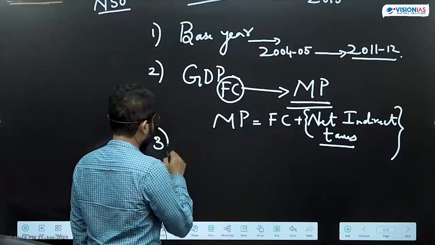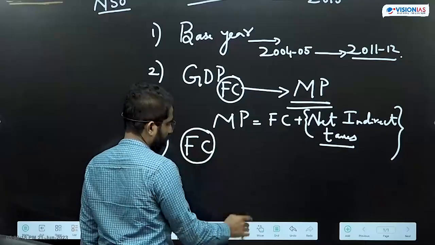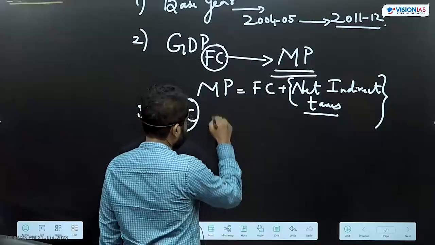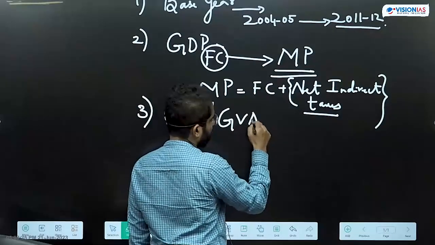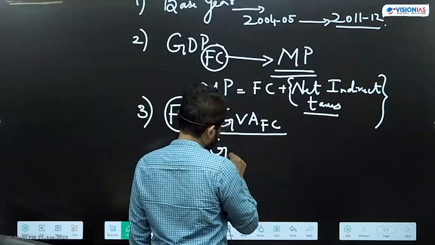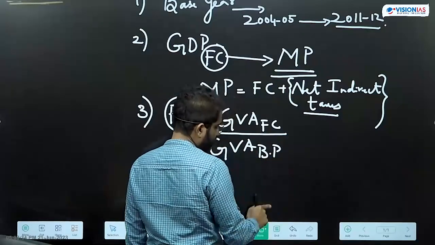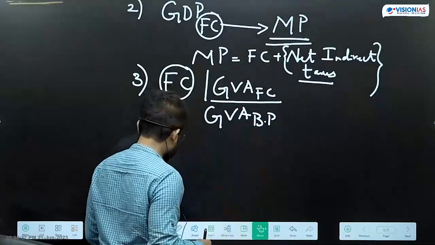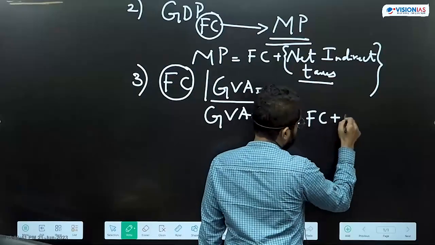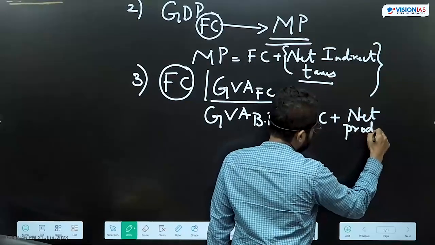another important aspect is instead of calculating GVA at factor cost, so earlier they were calculating the value addition at factor cost. Instead of this, they have come up with the concept of GVA at basic prices, which includes the net production taxes.